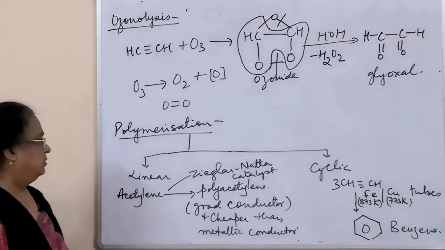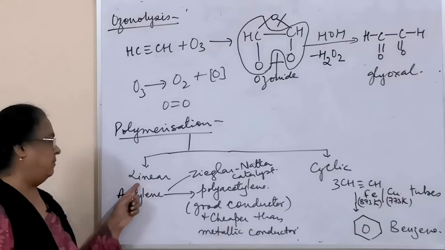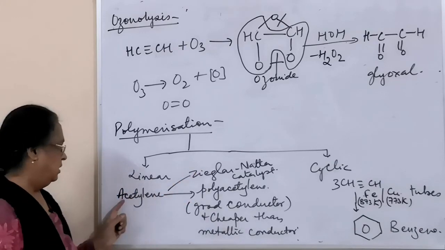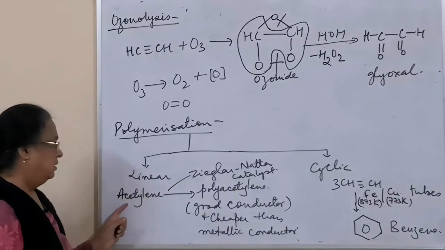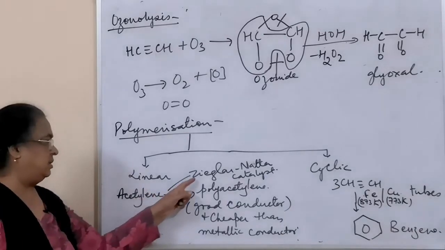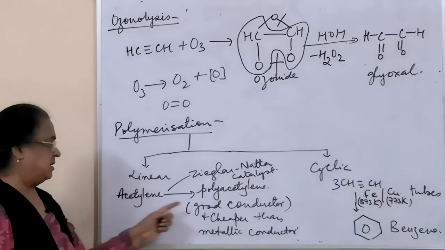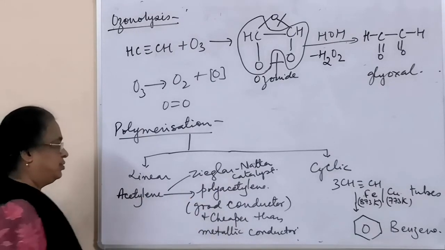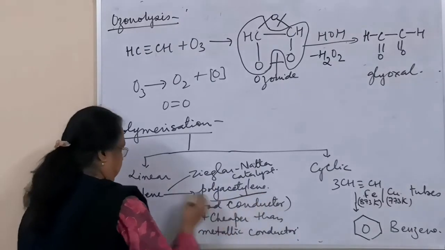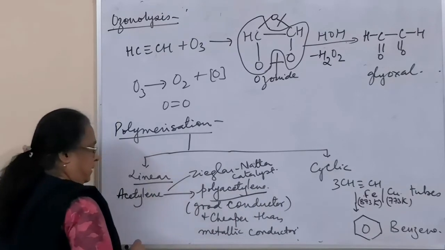Now polymerization. Two kinds of polymers will be formed, linear or cyclic. Linear, when acetylene is treated in the presence of Ziegler-Natta catalyst, then acetylene is turned into polyacetylene. You should learn the name, and that it is a linear polymer.